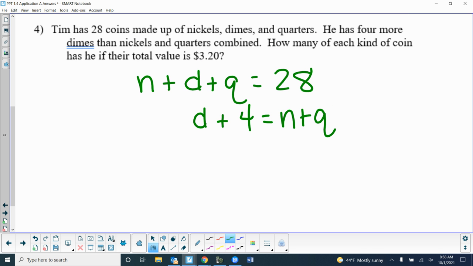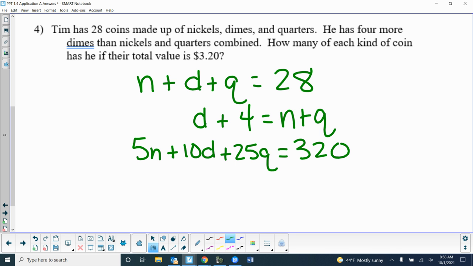All right, so 5 cents for every nickel, 10 cents for every dime, 25 cents for every quarter is 320. No decimals, I didn't use again. So that middle one, I'll just move it down here to the bottom.